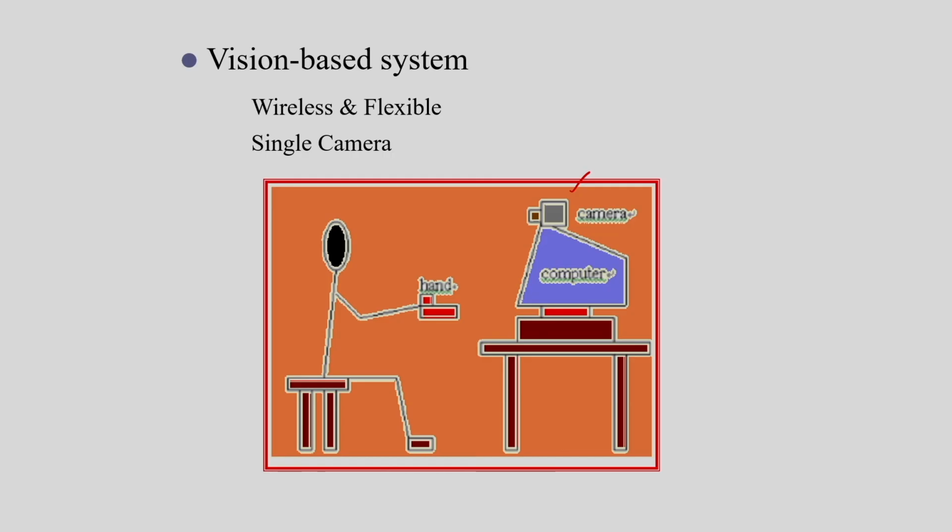So, this is a pattern classification problem, because I can recognize different gestures, different finger spelling, and in this case I may have one camera or two cameras or multiple cameras. In this case the glove is not needed. The camera will detect the movement of the hand, and also it can detect the movement of the fingers.